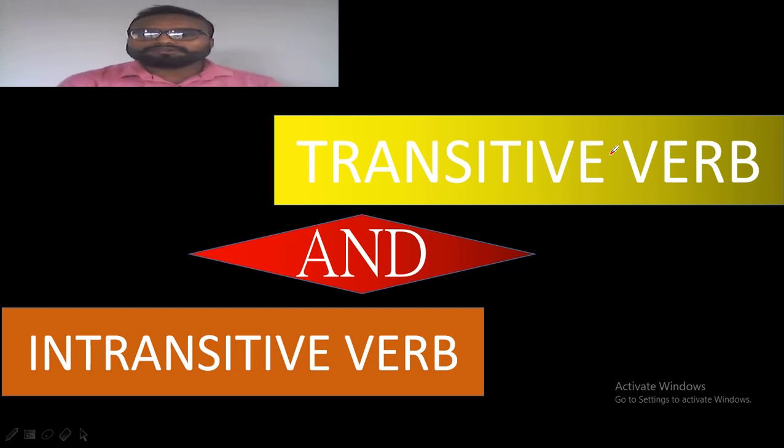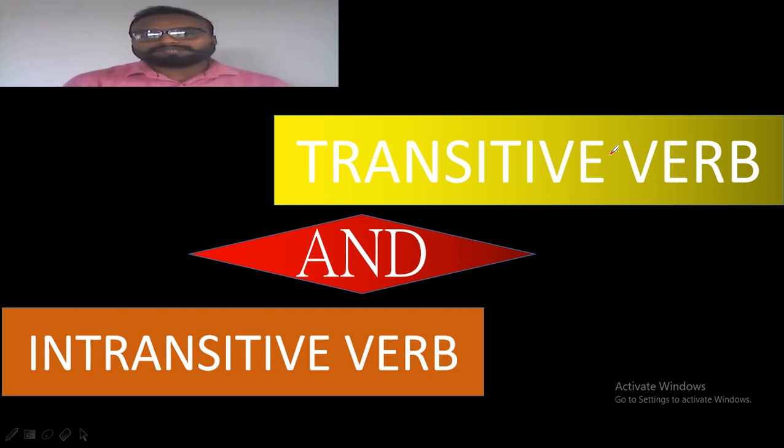As I said, transitive means to transfer. It means passing over. Passing over of what? The effect of the action of that verb. To whom? To the object. So the verb which passes over the effects of its action to the object is regarded as a transitive verb.